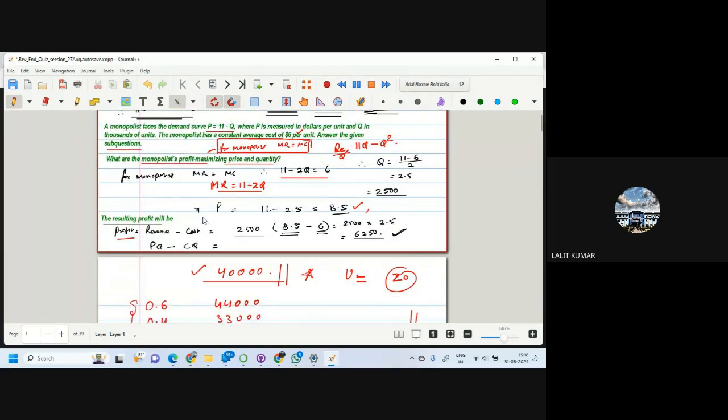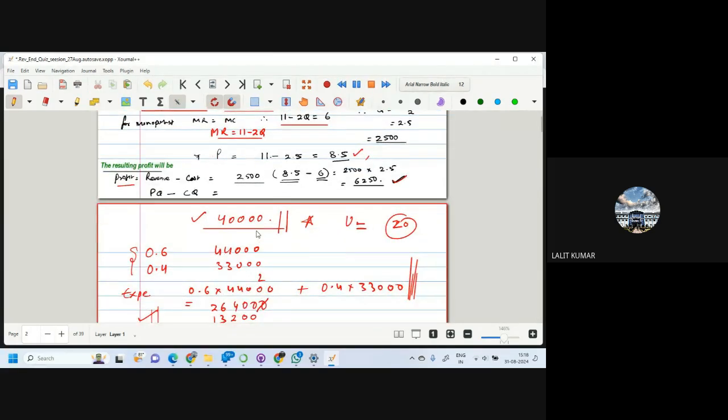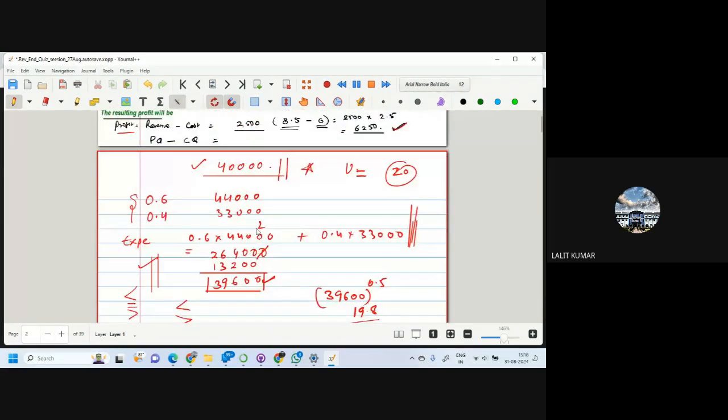And then the resulting profit, revenue minus cost, we get 6250. So this is straight away, I think, from week 5 or week 6.